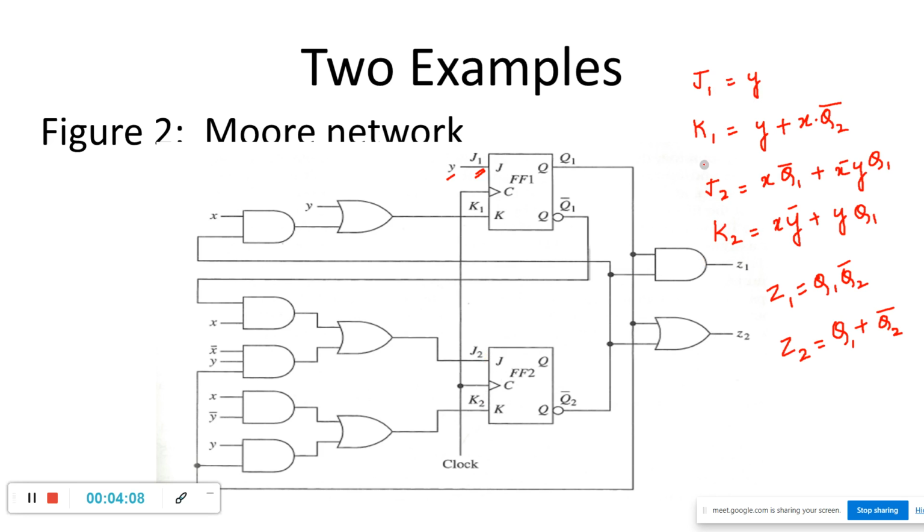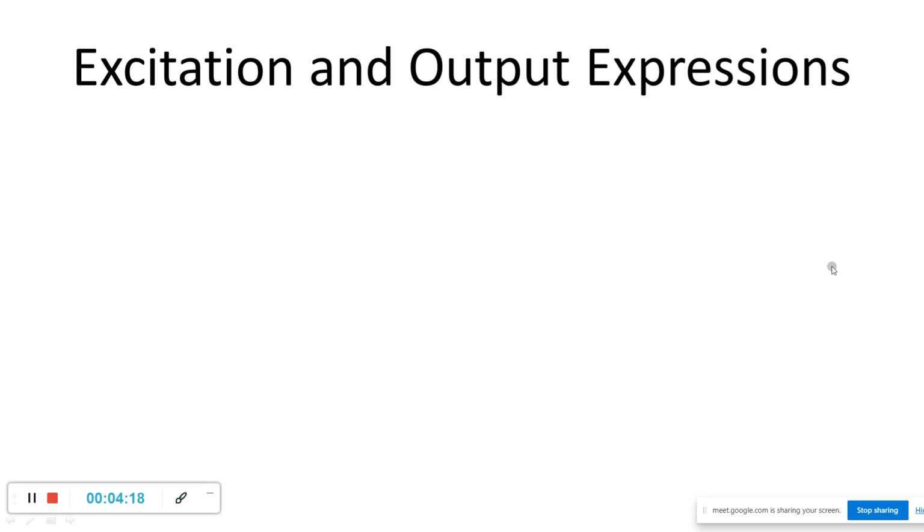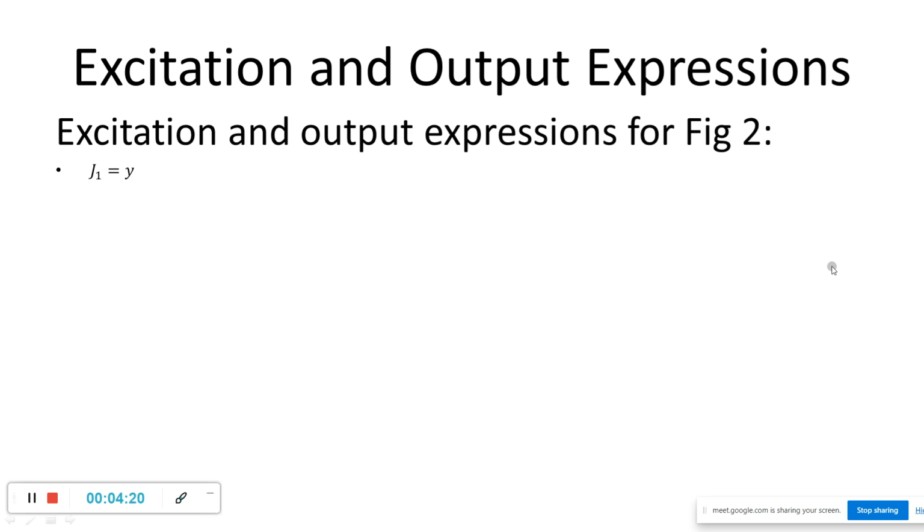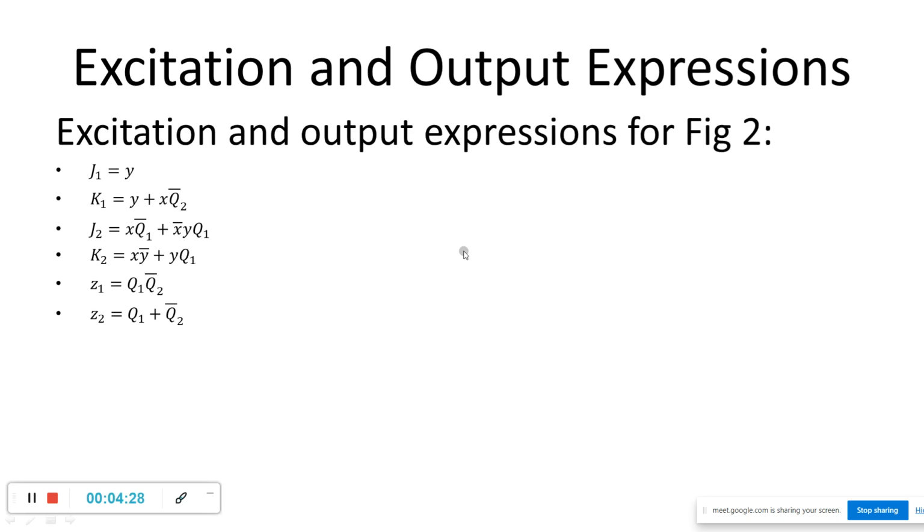These are excitation expressions and Z1 and Z2 are the output expressions. The same excitation and output expressions for the logic network given I have written here on the slide.